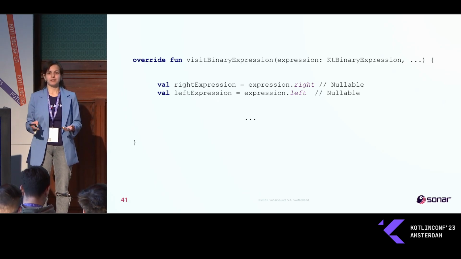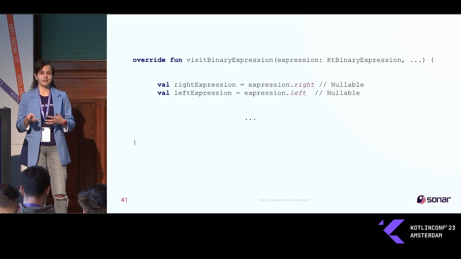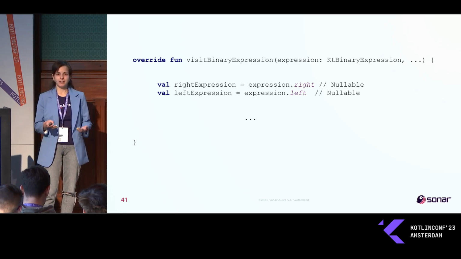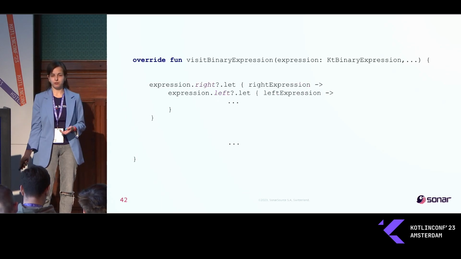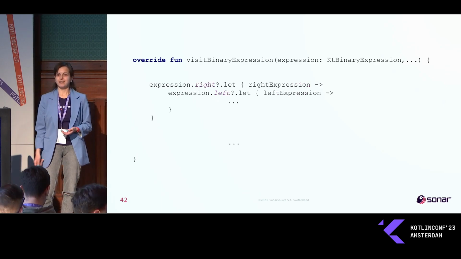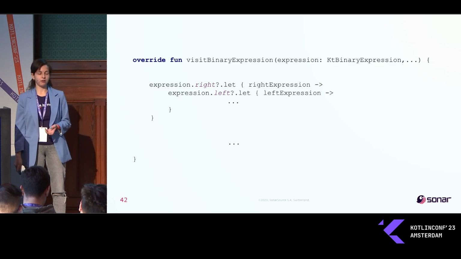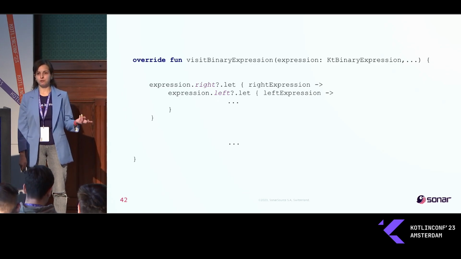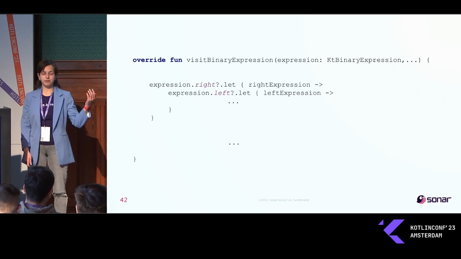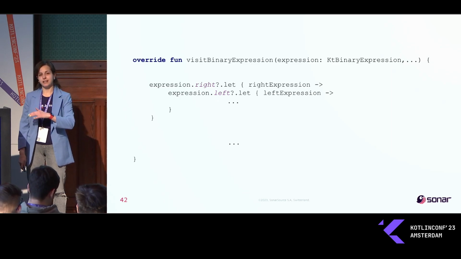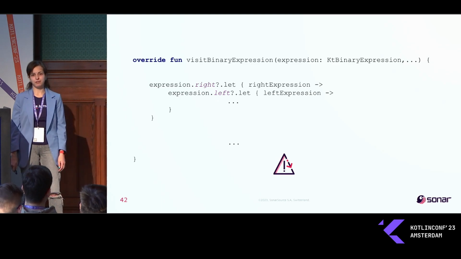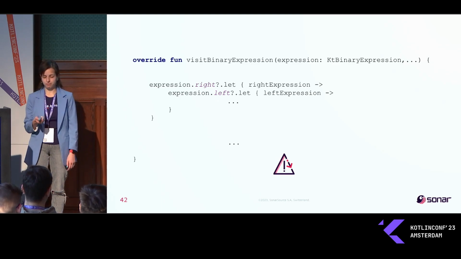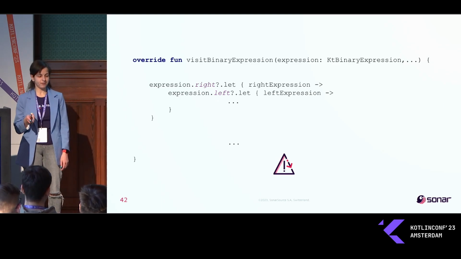But the problem is, when we are relying on PSI, it's all nullable. And what can we do? One of the possible solutions is just using safe calls. And if it's just two of them, that's okay. But if you have nesting like 5, 7, 10 levels of nesting, it looks kind of ugly. And we didn't want to use that approach, and maybe we can write it better.